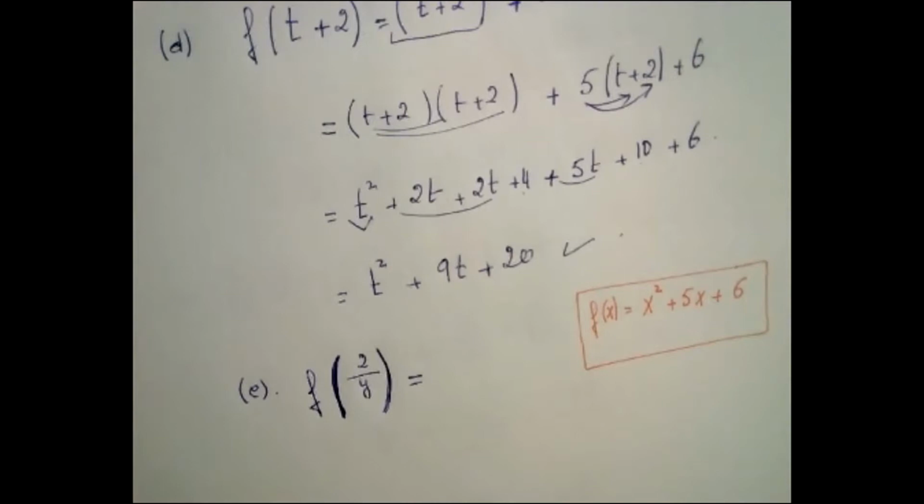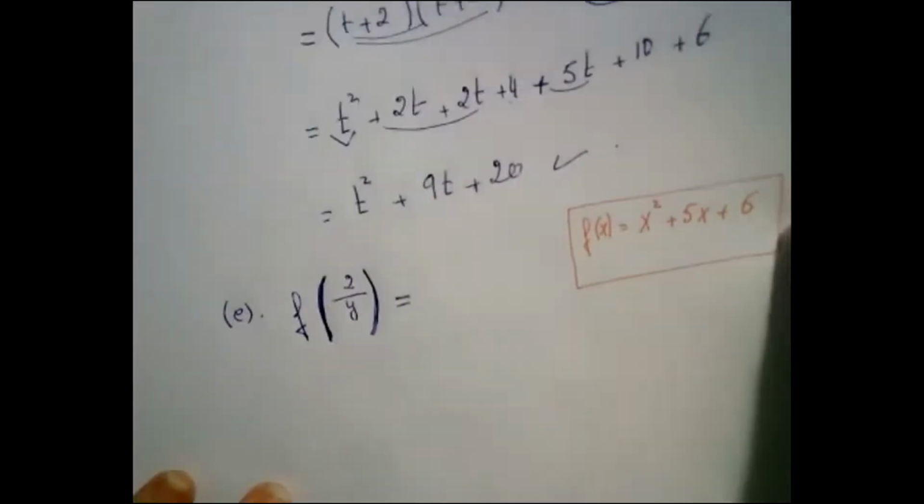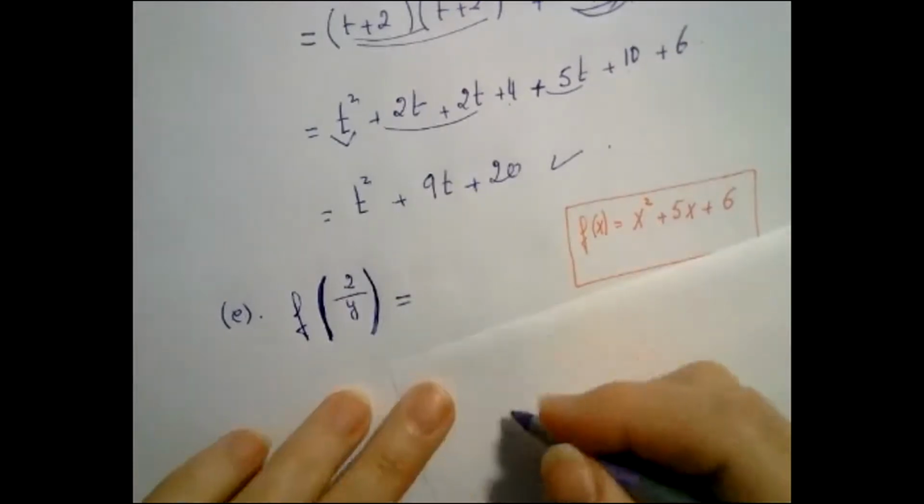Are we ready? Anybody like to volunteer, or shall I pick one? Not sure if I did it right. I don't care. I just want you to do it. 6y squared plus 10y plus 4 divided by y squared.